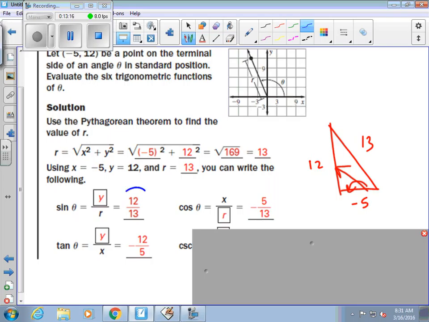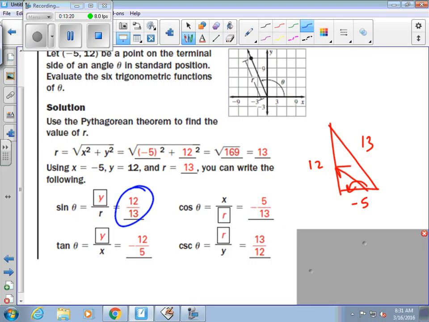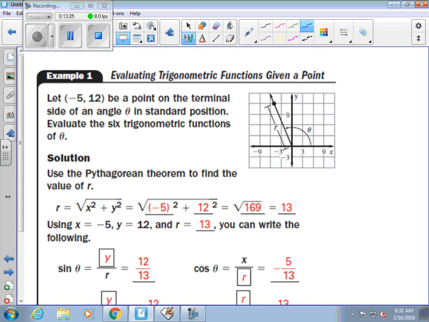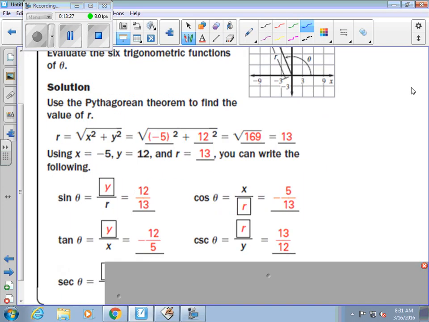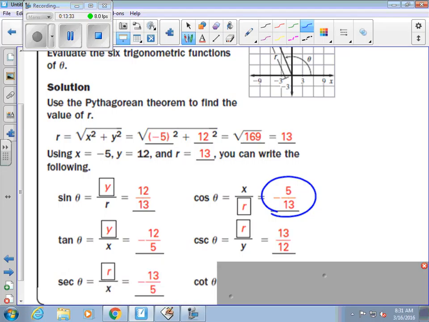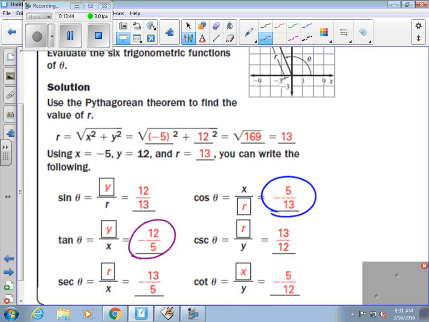Sine was 12 over 13, so cosecant is 13 over 12. Secant pairs with cosine, which was -5 over 13. The secant is the reciprocal of that, -13 over 5. And the cotangent pairs with tangent. Tangent is -12 over 5, so the cotangent is the reciprocal, -5 over 12.